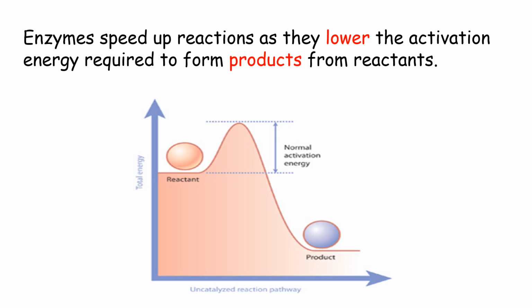So the introduction of enzymes allows us to speed up chemical reactions as they lower this activation energy required to form products from the reactions. So this is how enzymes have the function of speeding up chemical reactions. They actually do this by lowering the activation energy required.